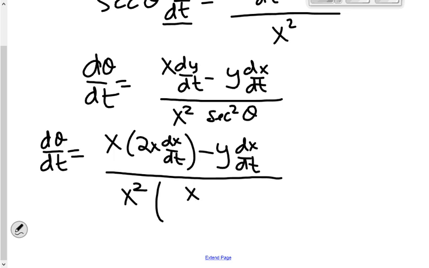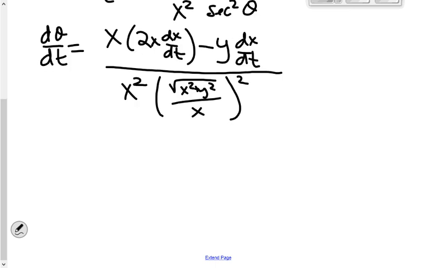X, oh, what was it? What was my secant theta? Sorry. Over x, that whole thing squared, right? I did it a little differently in my notes. That's what's messing me up here. Okay.